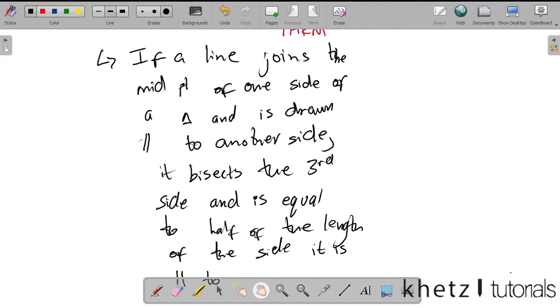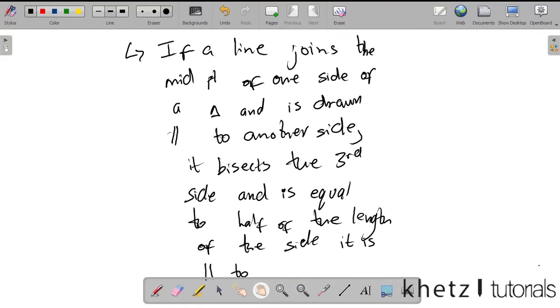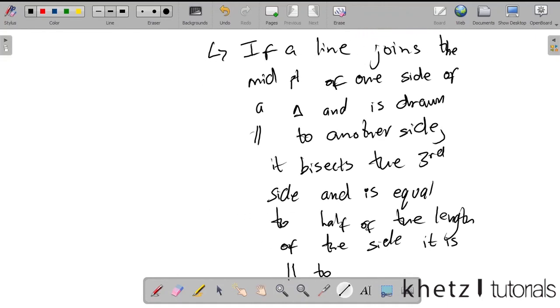Okay, so let's read that and understand what it's actually saying. It says, if a line joins the midpoint of one side of a triangle and is drawn parallel to another side, so let's draw a triangle to put this into practice. Let me just fix this so at least the lines are on the same level.